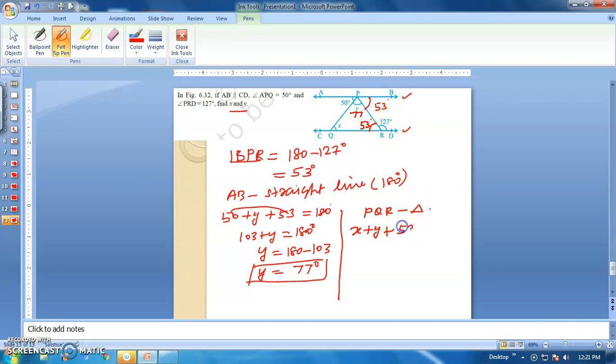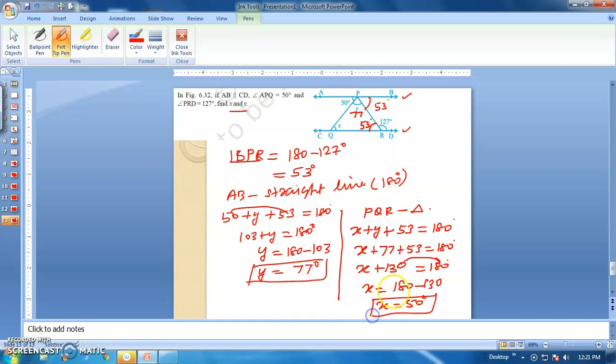Okay, 53 equal to 180 degrees. So X we don't know, and Y 77 plus 53 equal to 180 degrees, right? So X plus, when we add these two, 130 degrees equal to 180. Therefore X equal to 180, transposing 130 to that side, it will become minus 130. So X equal to 50 degrees, right?